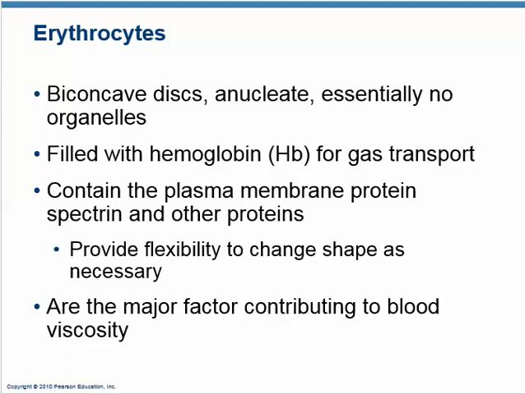The gases that they transport really are oxygen, which binds to the hemoglobin, and a little bit of carbon dioxide, which also binds to the hemoglobin. Within the red blood cell is also where it's catalyzed that the carbon dioxide becomes carbonic acid, which then becomes bicarbonate ions.